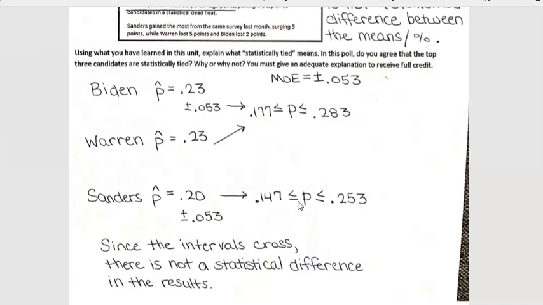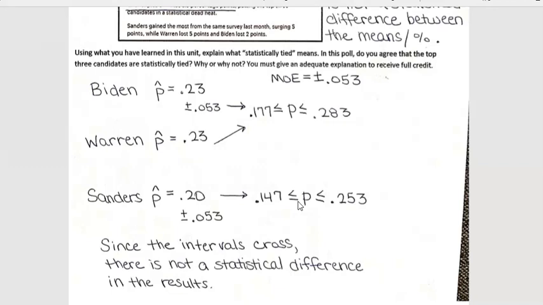So even though Biden and Warren were ahead of Sanders in this particular poll, it doesn't necessarily mean that the population percentage for Biden and Warren is greater than Sanders. Okay, it means that at this point, there's really not enough data to tell if one person is really ahead of another one.